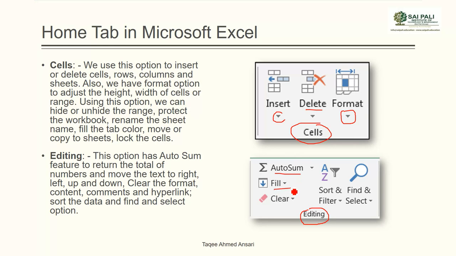Then you have the fill command, which is used to fill continuous values or copy, or we can fill it with series. Then we have the option to clear. We can clear the content, the formatting, the formulas and all these things. Then we have the option to sort and filter. Then we have the option to find something in our sheet, and the option to select something in our sheet.